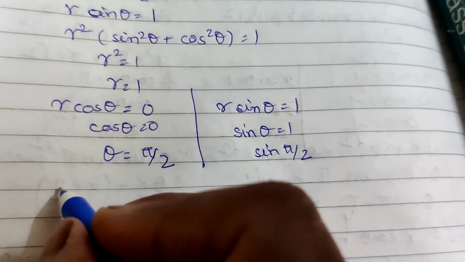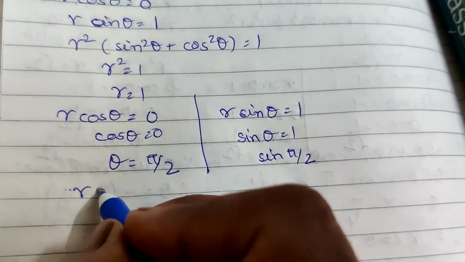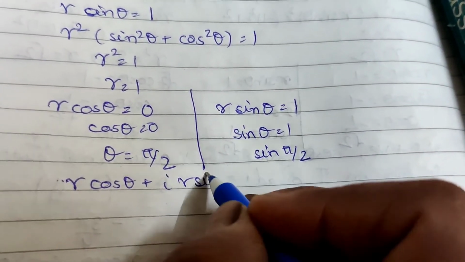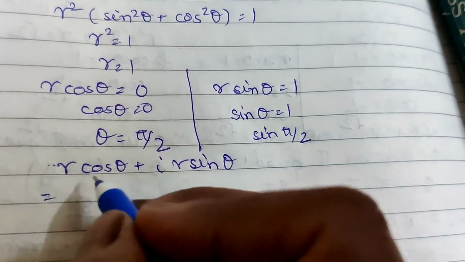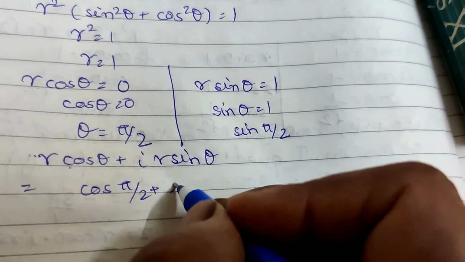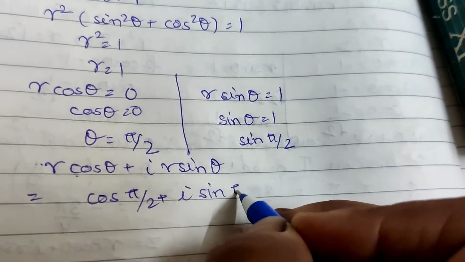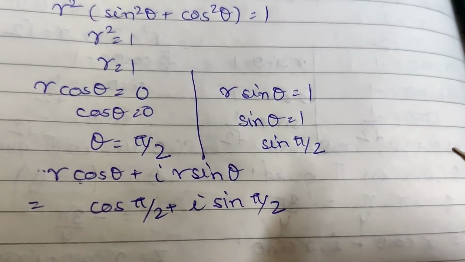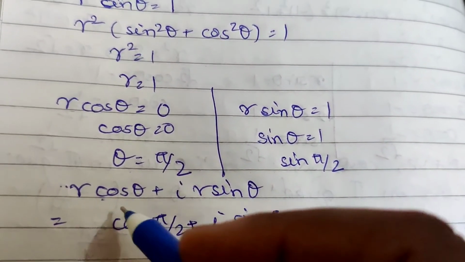So now you can write r cos theta plus i r sin theta. It means 1 times cos pi by 2 plus i sin pi by 2. This is the standard form, the polar form of i.